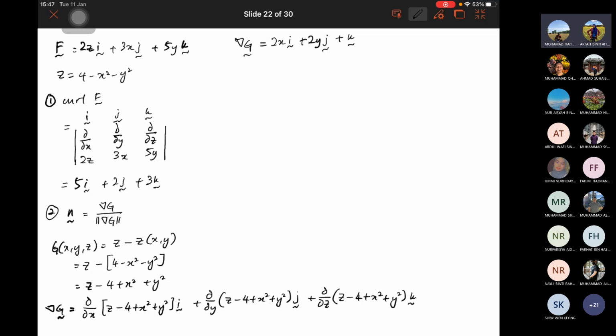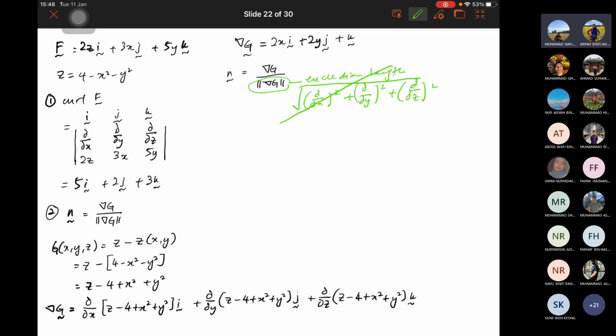So unit normal vector sebenarnya n adalah sama dengan delta G over this one, yang mana ini adalah dia punya Euclidean length. Awak akan dapatkan square root partial derivative untuk i squared plus j squared plus z squared. Tapi nanti ianya akan eliminate, kita akan hapuskan. Why I said so?